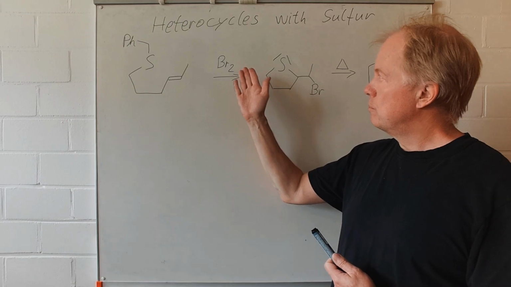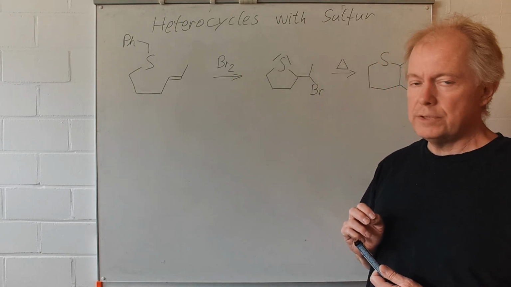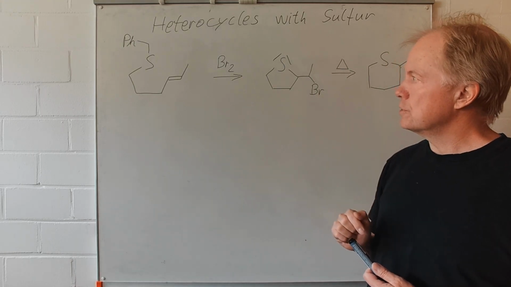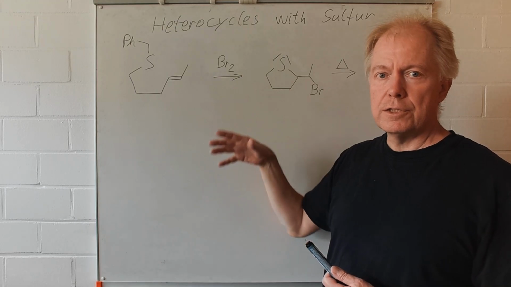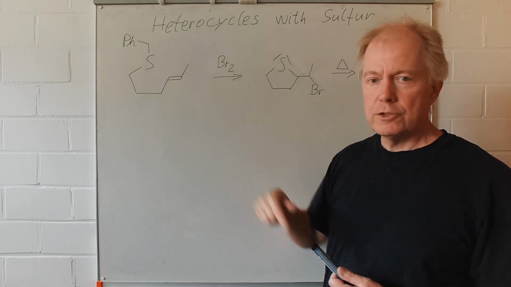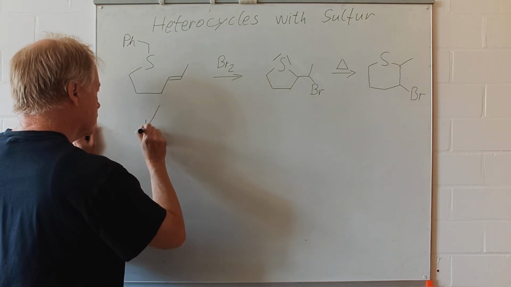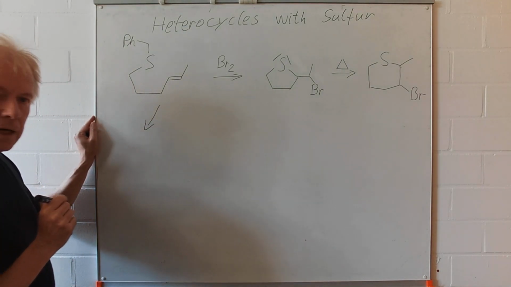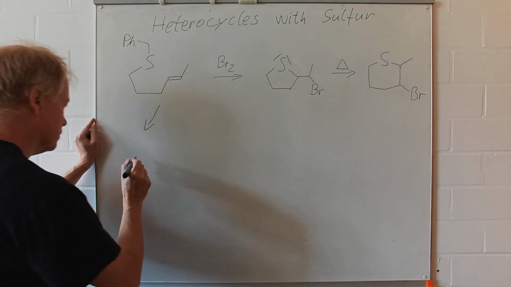So, bromine, elemental bromine, is the reactant in the first step, and this looks like an addition of bromine to an olefin. And as we know, a bromonium cation is usually the reactive intermediate in such a reaction.